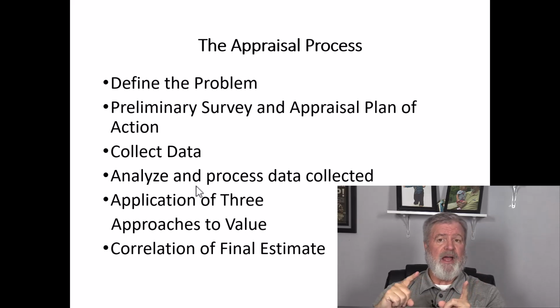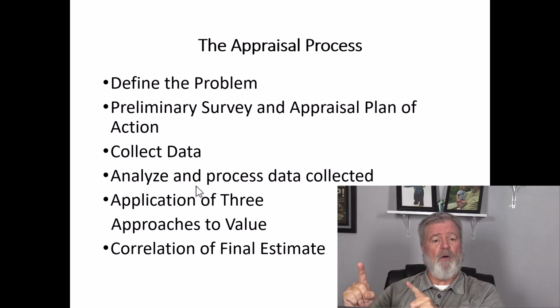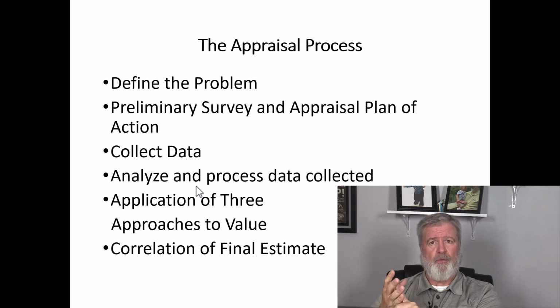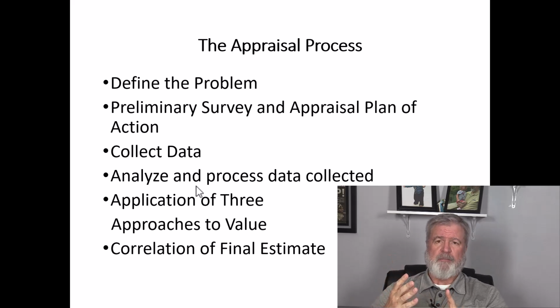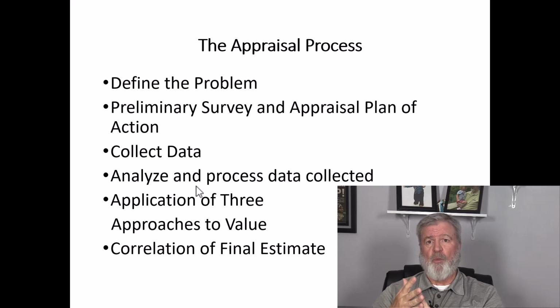I will apply, if I can, all 3 approaches to value. Y'all remember? Sales comparison, income approach, and the cost approach. If I can use all 3, then I will use all 3. If I can't, then I'll just use whichever ones I can use.